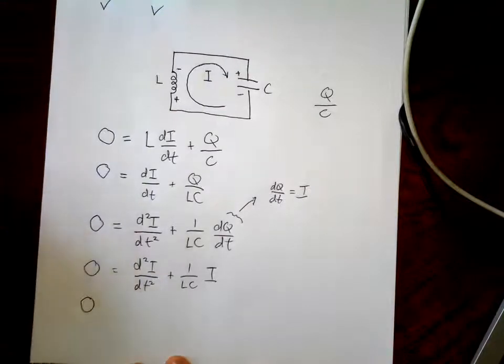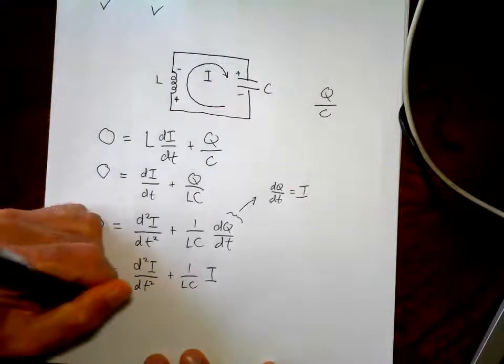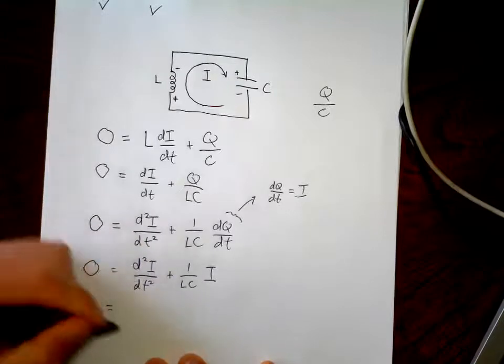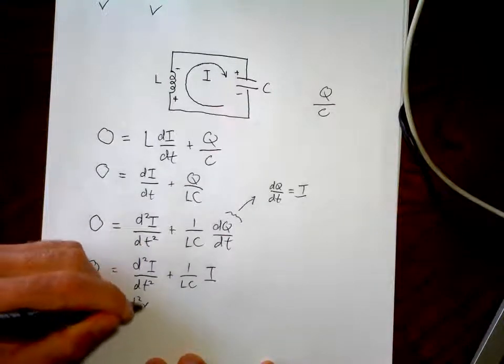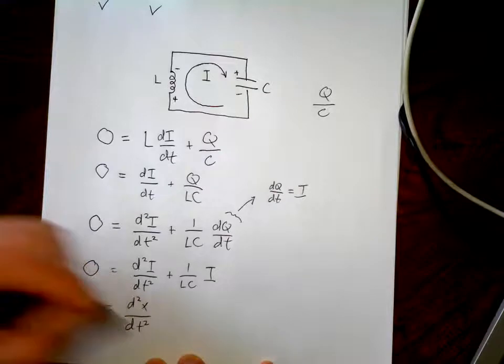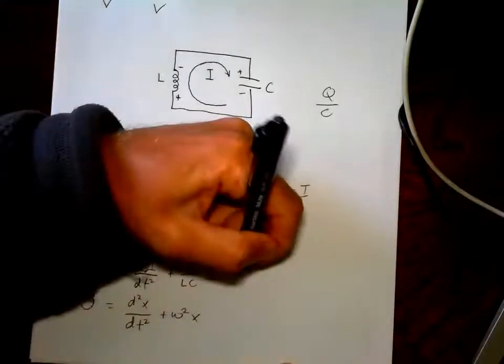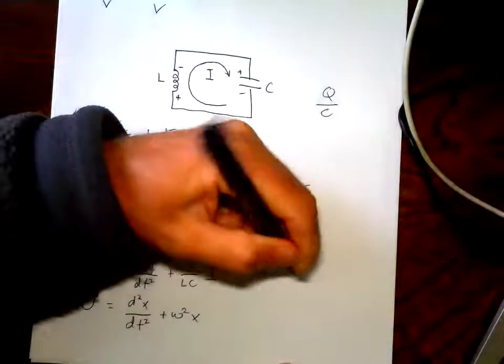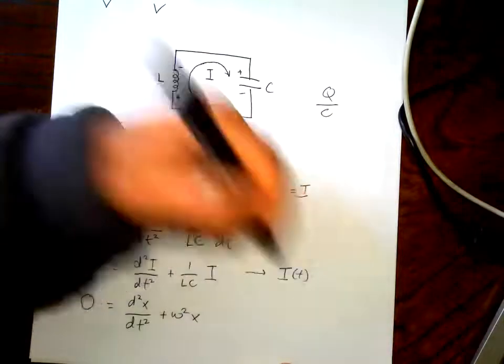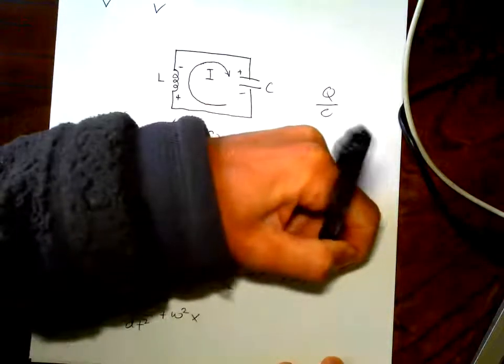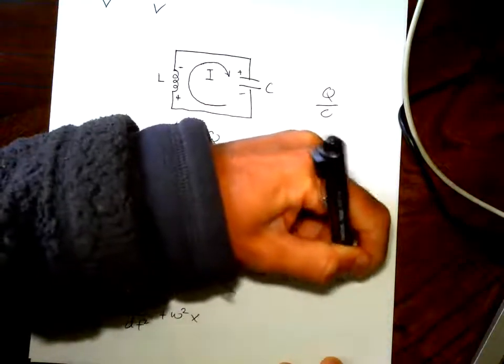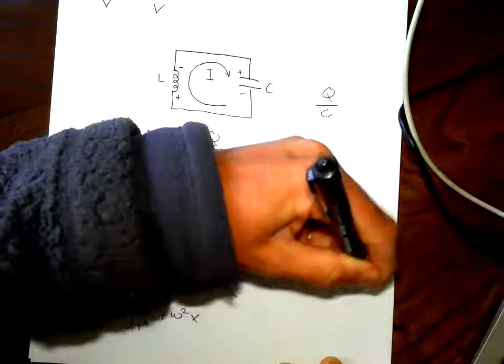This is the equation of simple harmonic motion, because you might recall that the equation of simple harmonic motion was d2x/dt squared plus omega squared x equals 0. That means that the solution is I of t equals A cosine of omega t plus phi.